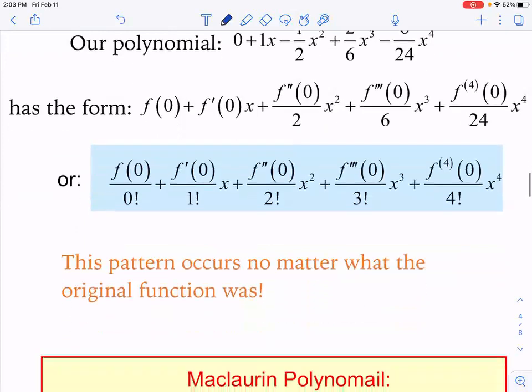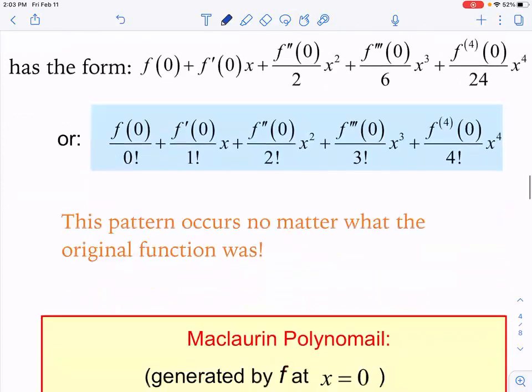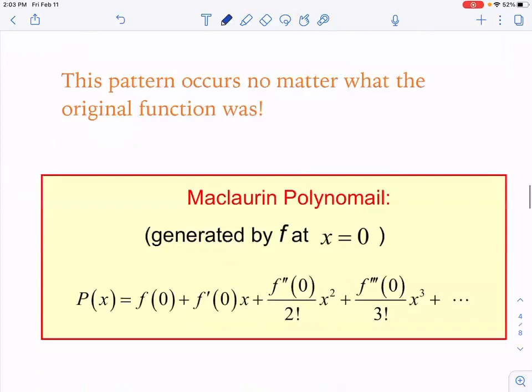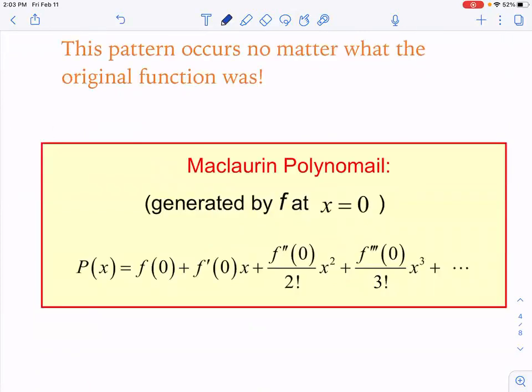Okay, so here we go. Specifically, when we're centered at 0, this is the pattern of a Maclaurin polynomial.